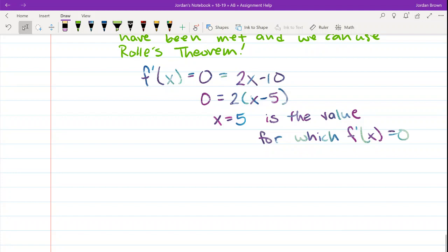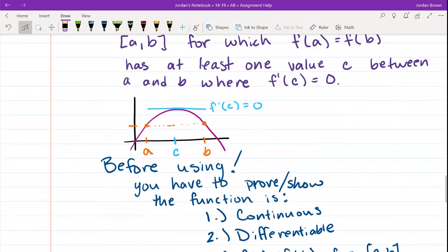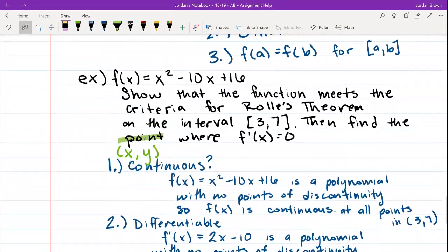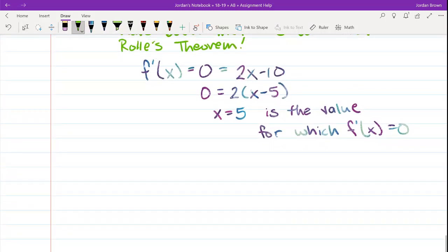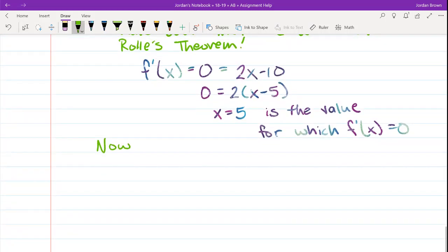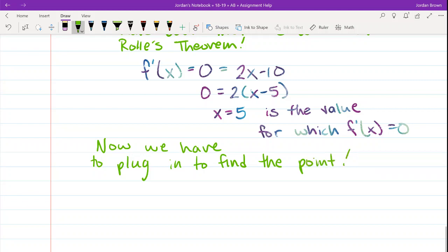Oh, sorry. You remember when I said up here that we would need to find the point, and I even highlighted it? So I've got to find the point. So we've got x equals 5. Now we have to plug in. So we go back to f of x, which was x squared minus 10x plus 16.